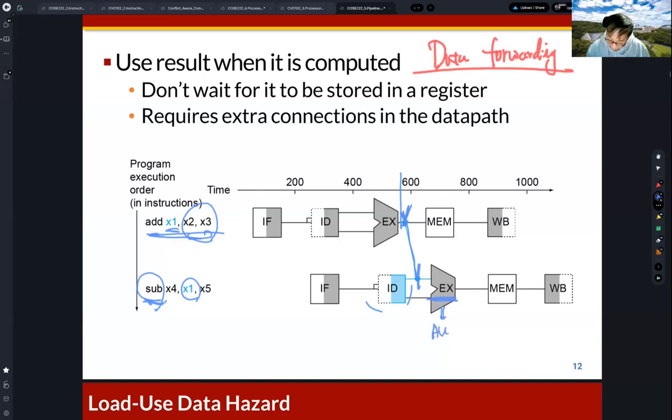So if the data is ready before the execution by the ALU, then it's okay. Data is ready at this time, and data is required at this time, before the ALU, so this is the past, and this is the future, and then it's okay.